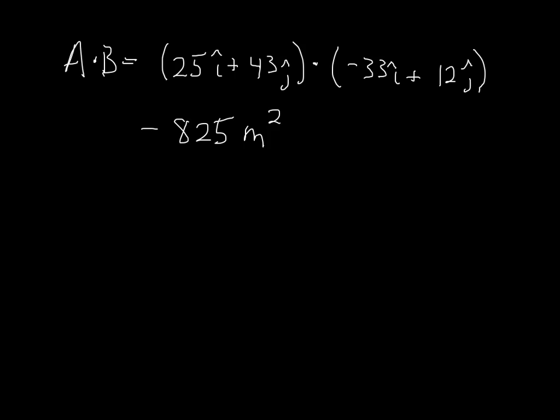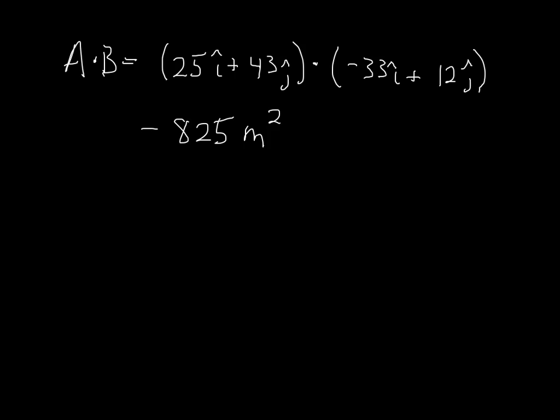Okay, 25i times 12j. What do I get? What's 25 times 12? Well, 25 times 12 might be 300. The last one we did, i times i gave me 1, right? i dot i is 1.